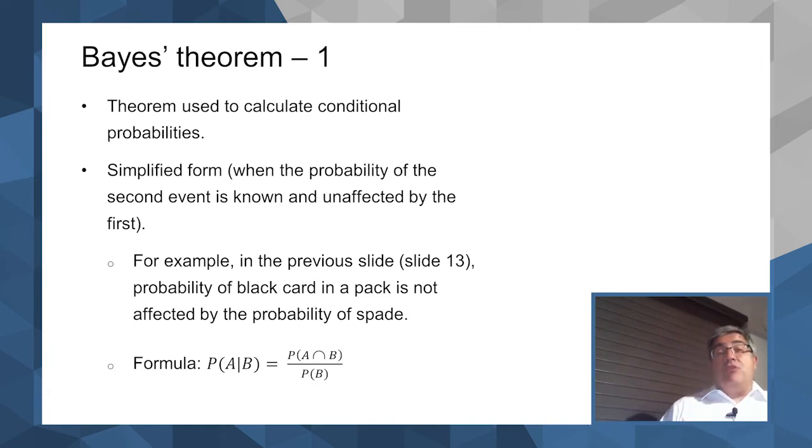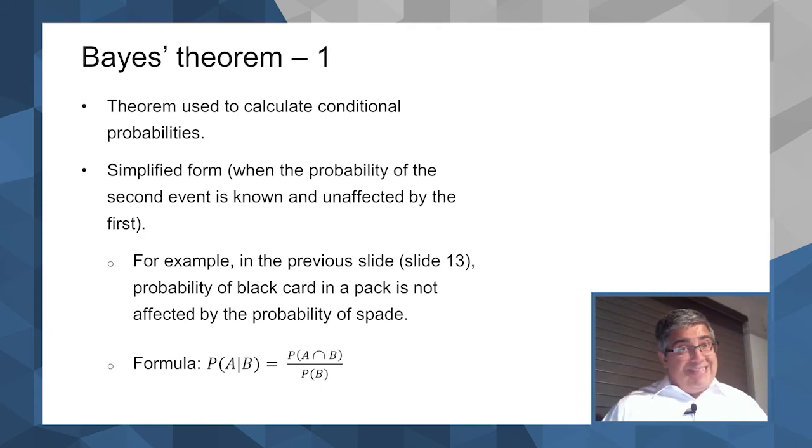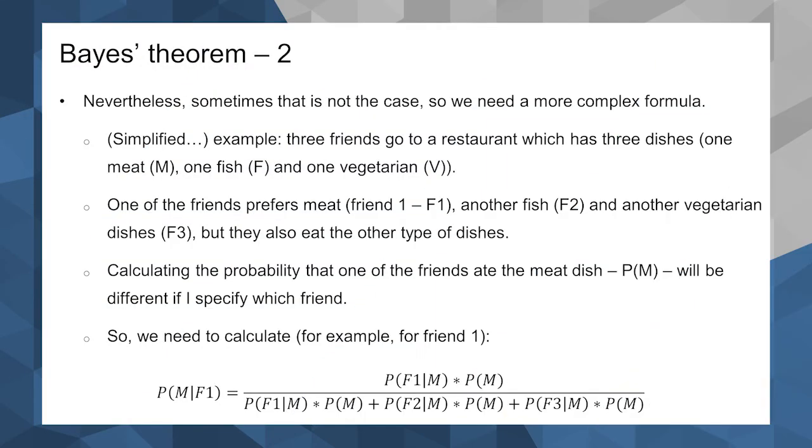But in this case we know the probability of B, and so that makes our life easy, but that's not the case in most circumstances. And because of that we have this beautiful formulation here, which is always a struggle to understand, and do make sure you go through one of the references if it's not clear.